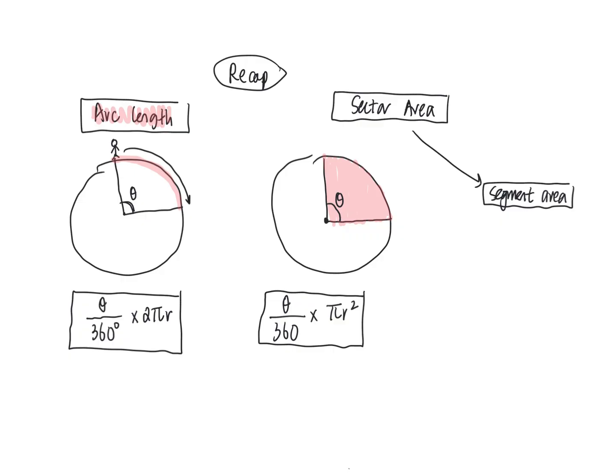Then the last one is if you have a sector, and remember yesterday we learned any line joining 2 points of a circle is called a chord. So this portion here is your segment area.